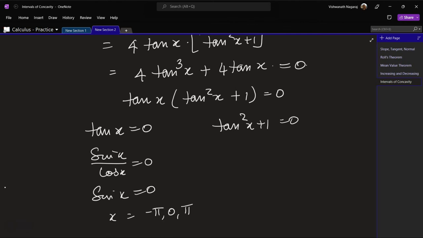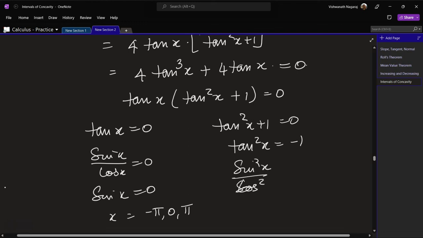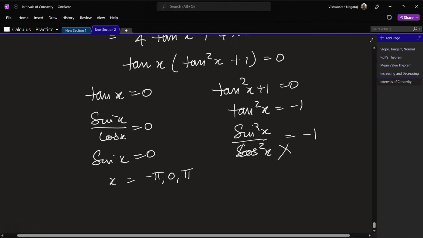And here what happens? tan square x is equal to -1, which means sin square x by cos square x is equal to -1. This is not possible. Why? Because sin square will always make it positive, cos square always positive, so positive divided by positive can never be negative.